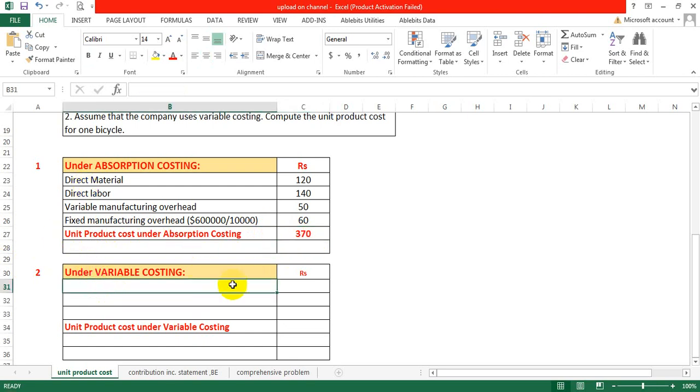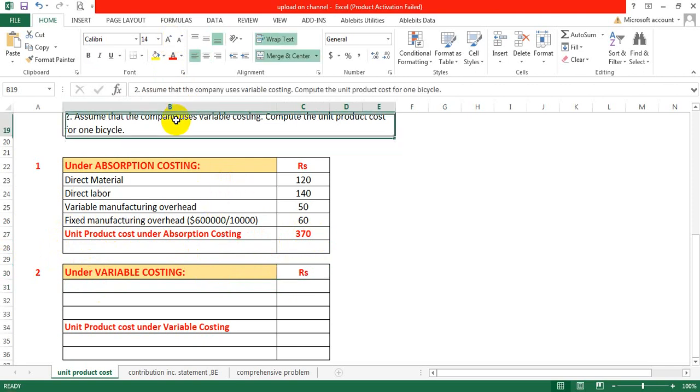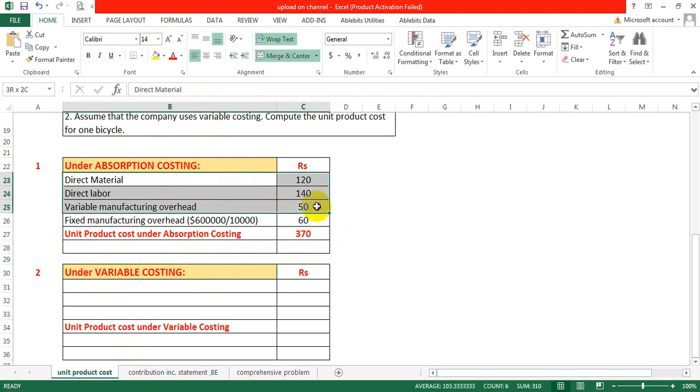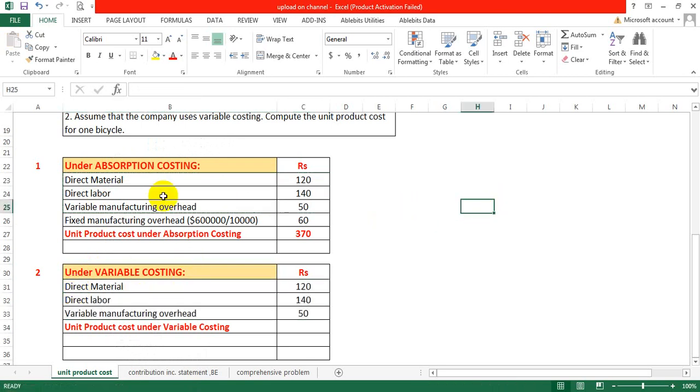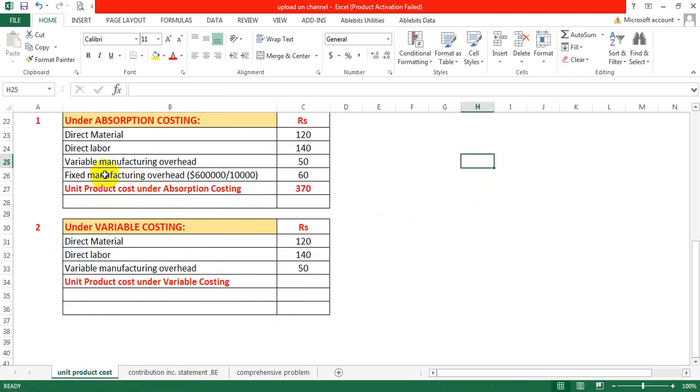Okay, now we will calculate the second requirement, that is the unit product cost under the variable costing method. Under variable costing, we will take only material, labor and variable manufacturing overhead. As you know, in variable costing, we don't consider the fixed manufacturing overhead cost, right? So I am not writing the fixed manufacturing overhead here.